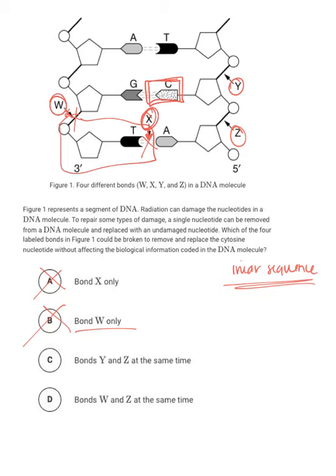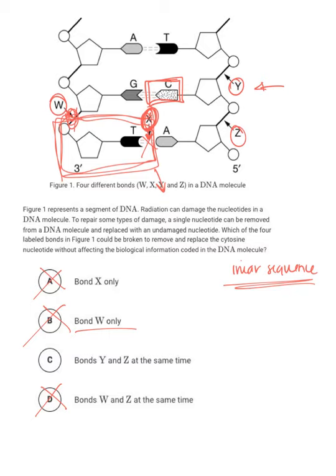If I were to break W and Z at the same time, look at what we're breaking off here. We're breaking off this whole thymine, this whole nucleic acid. And what this is going to do is induce a whole break in the DNA molecule. And while it will probably affect the DNA information stored here because we're getting rid of this T, opening up an option for folding to occur, for enzymes to come in and attach, this will not help remove our cytosine that we really want to get rid of.